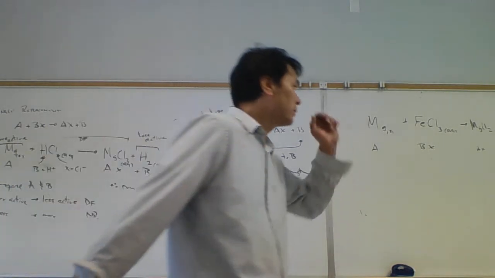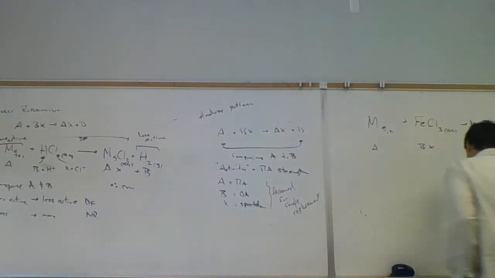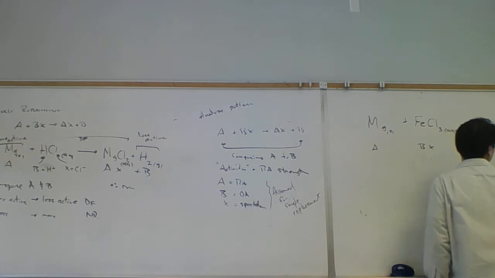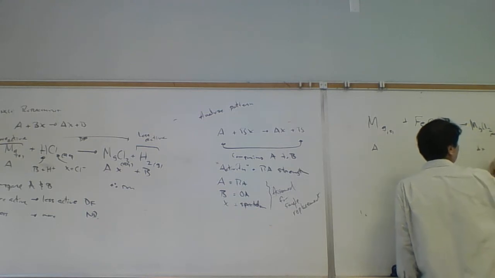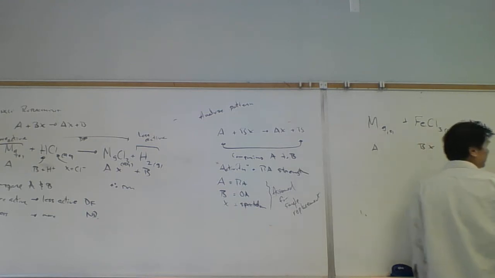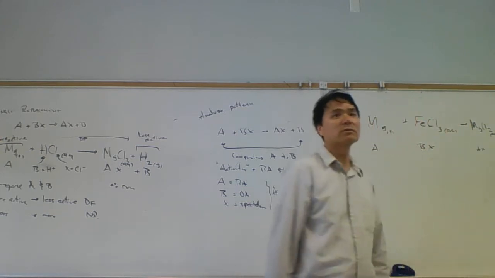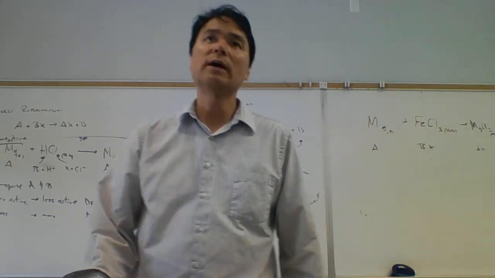But I have to remember that this is not a metathesis reaction, this is a redox reaction. And so even though iron metal is insoluble, this precipitates. This doesn't precipitate because chlorides are soluble. So I get a precipitate of iron metal. In fact, that's what it said here. Solid iron also forms, which must be a precipitate of iron metal.